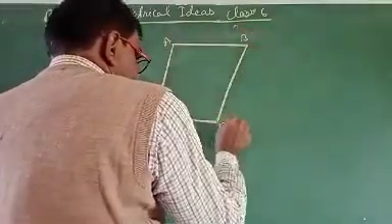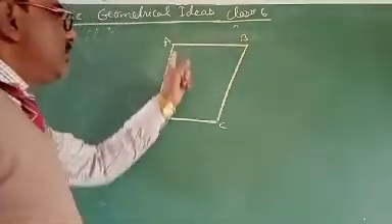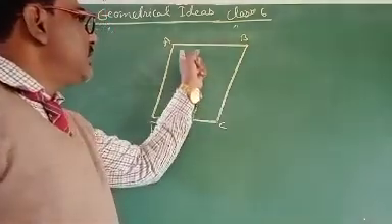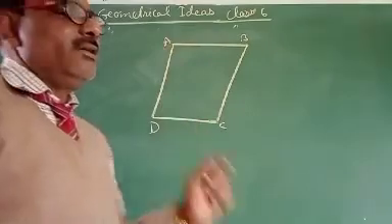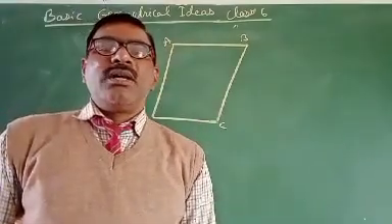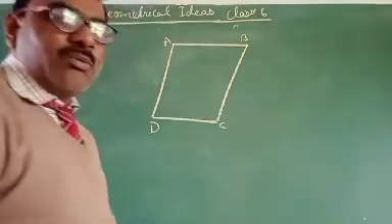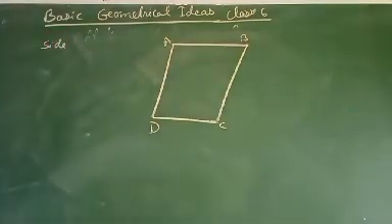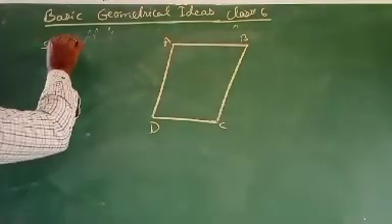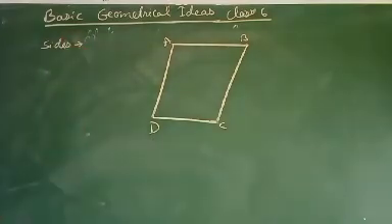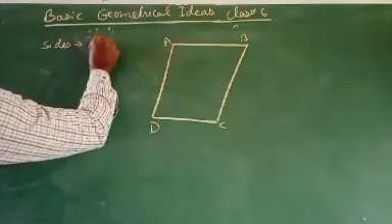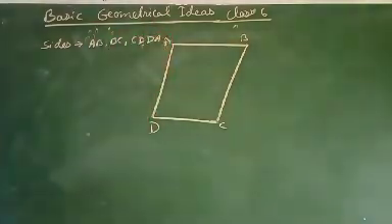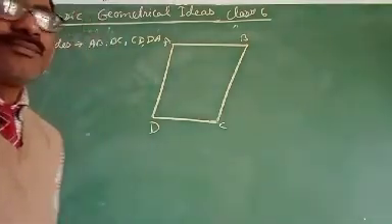This figure is formed by line segments AB, BC, CD and DA. Here AB, BC, CD and DA are called the sides of the quadrilateral.